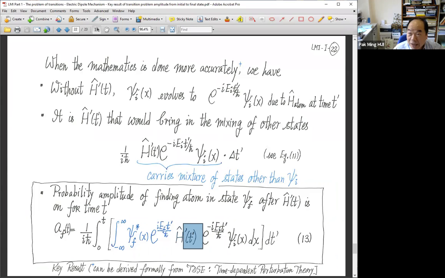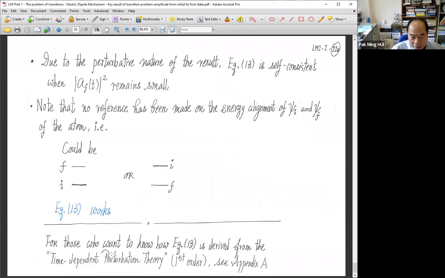Cosine omega t is e to the i omega t plus e to the minus i omega t over 2, right? You have three exponentials. When you do the time integral, that will give you the energy criteria. Bravo, isn't it? Okay, everything comes out nicely. So a lot of things.